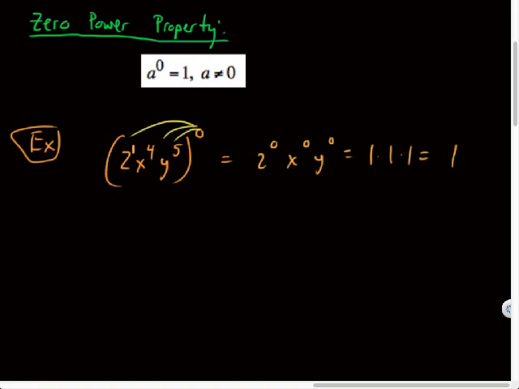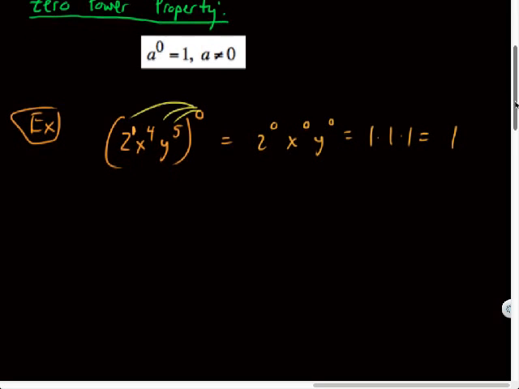Or I could have just looked at this problem at a macro level and viewed this entire thing as being like a to the 0, so the whole thing would have equaled 1. Realize that even numbers or coefficients can have their own exponents, and properties of exponents do apply to those as well. Good stuff. Let's keep cruising.